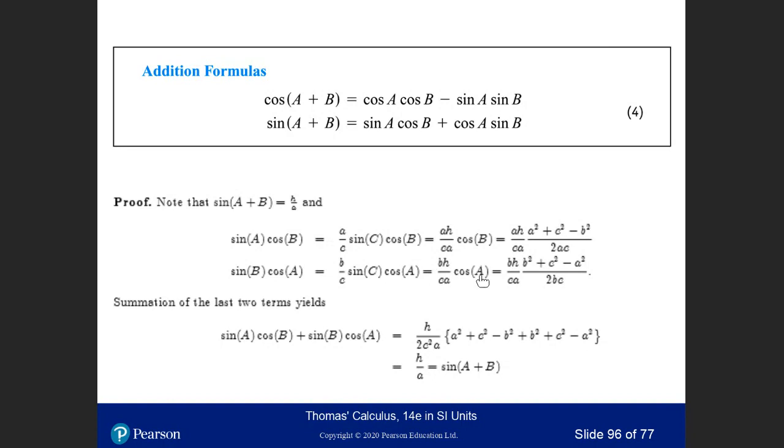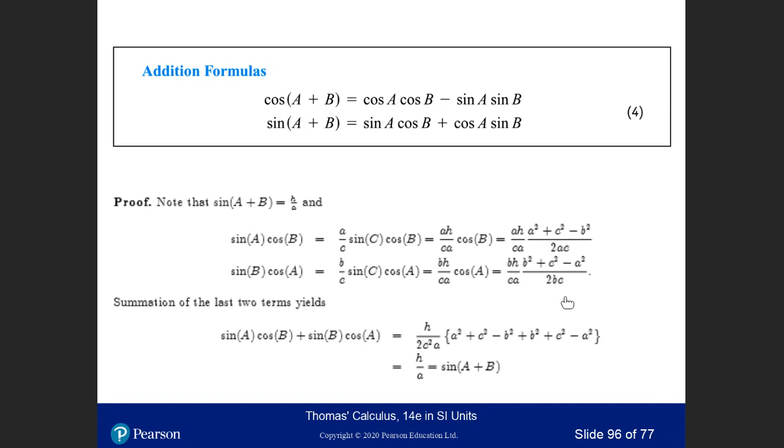Now cosine A is B squared plus C squared minus A squared divided by 2BC. So B cancels out with this B, and you have H over AC squared. But if you put this under this, you have H over AC squared too.